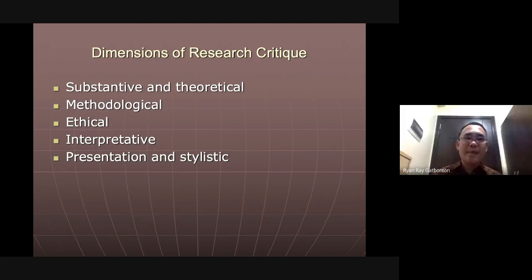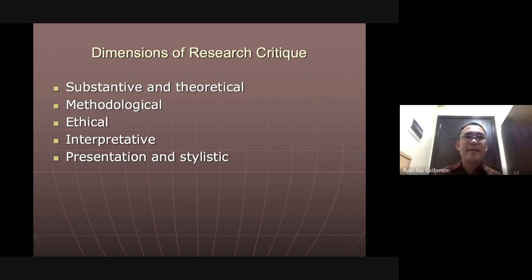When you try to examine the methods, the research design, the research sampling method, kung tama ba siya o hindi, you're looking at the methodological dimension. If you examine what ethical principles are violated or if ethical principles are followed in the research, you're looking at the ethical dimension.